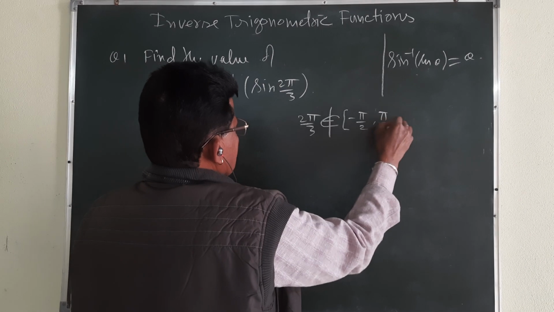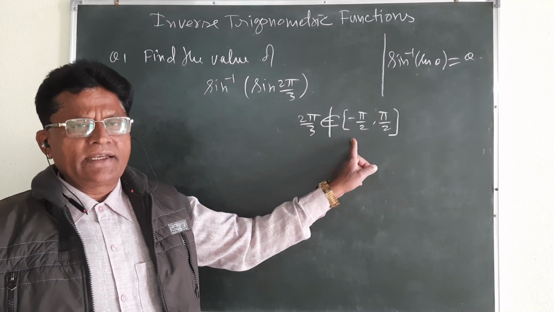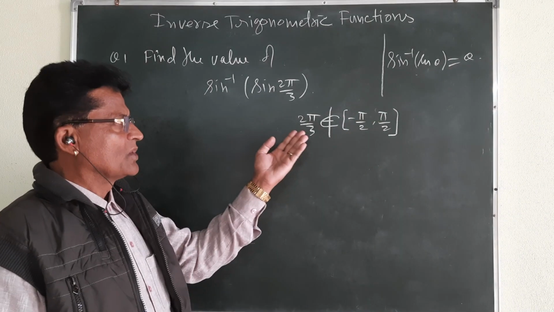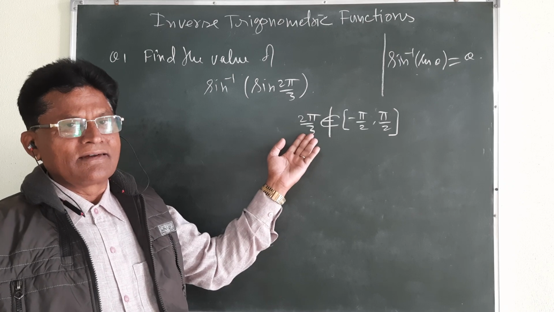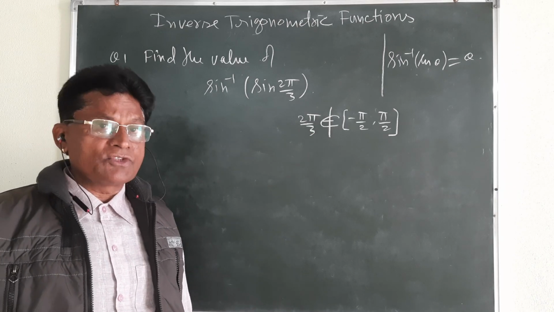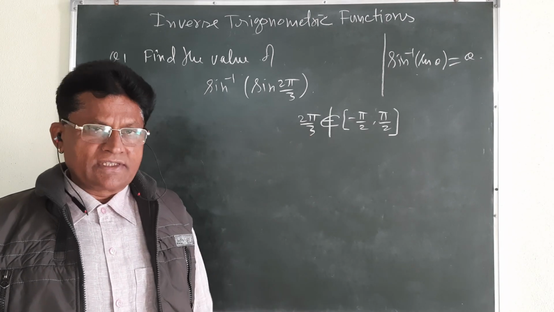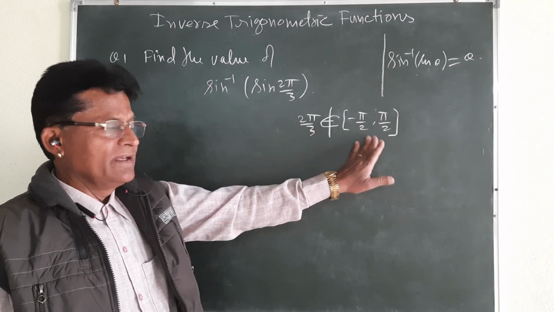What is its range in case of sine? This is the range: minus pi by 2 to pi by 2, minus 90 to 90. Because it is 120 degree, 2 pi by 3. That is why you must change it by using the conditions, so that this angle must lie here.